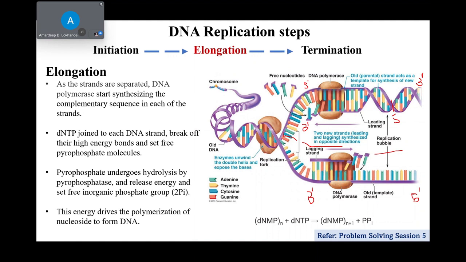The same steps are carried out in PCR, where you have elongation and termination, but the initial steps are denaturation and annealing. Annealing is the primer attachment to the DNA, and denaturation is the opening up of the DNA.